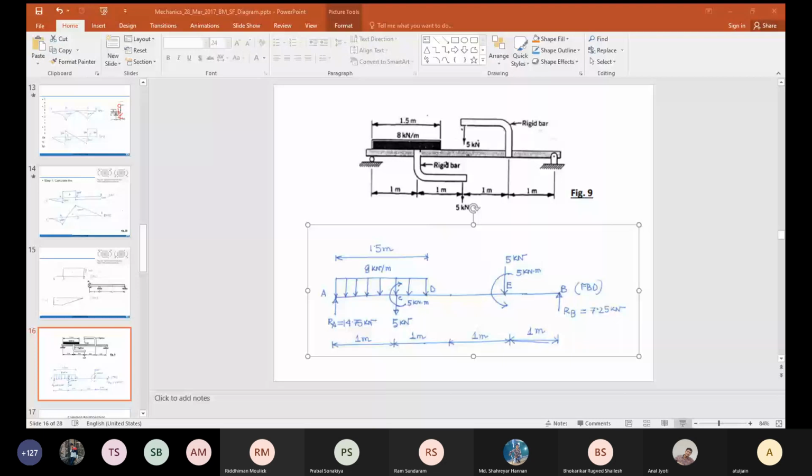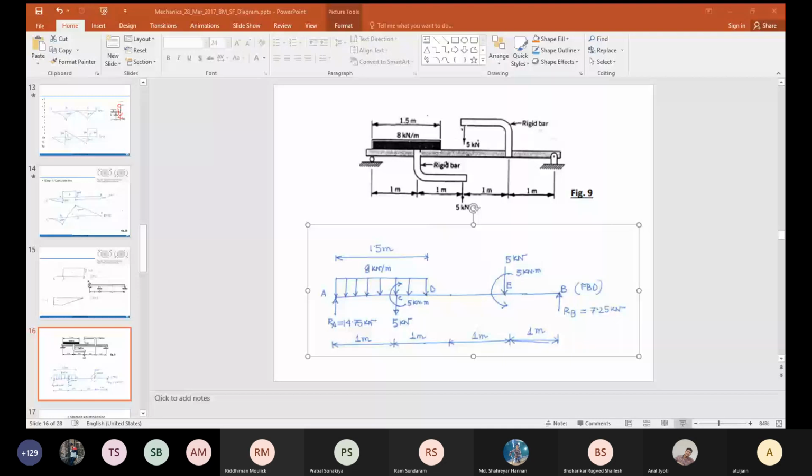Force remains in the same direction. Remember what we learned in the first problem sheet: if a load is applied at a point, you can convert it into a force and a couple at some other point. It is the same thing. Okay, sir.